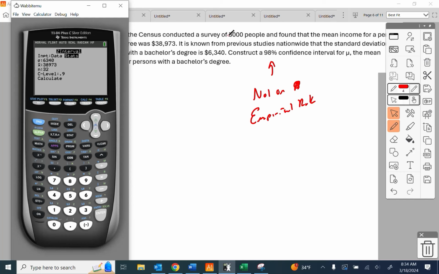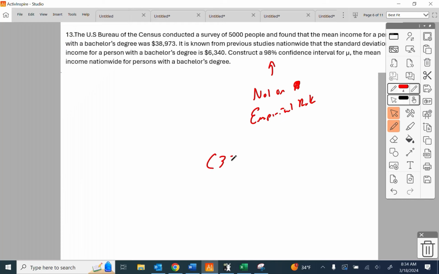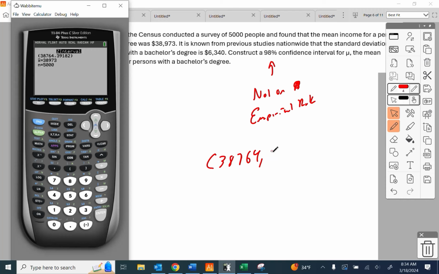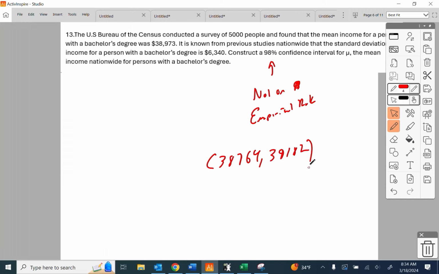There were 5,000 people in this sample, and I am doing a 98% confidence interval. So between 38,764 and 39,182. It's obviously an old question. It's not the kind of question that makes you want to get a bachelor's degree.